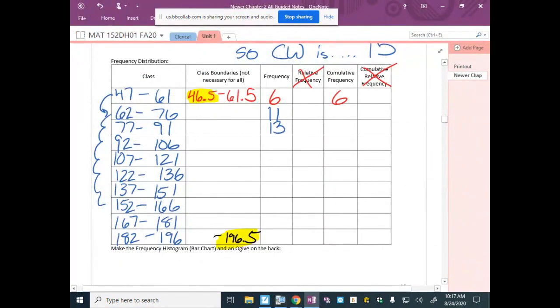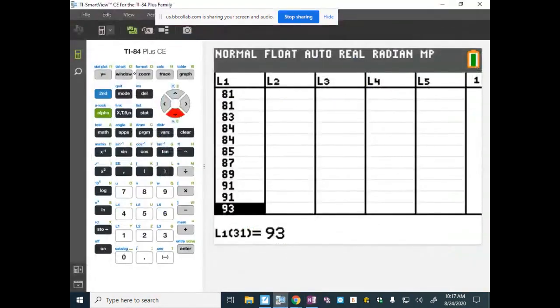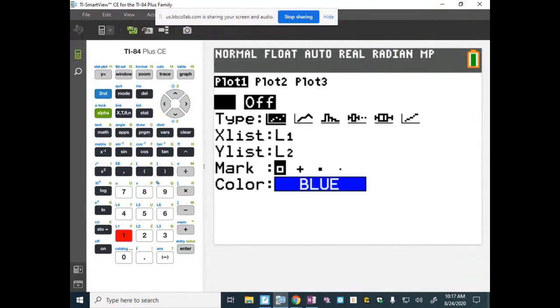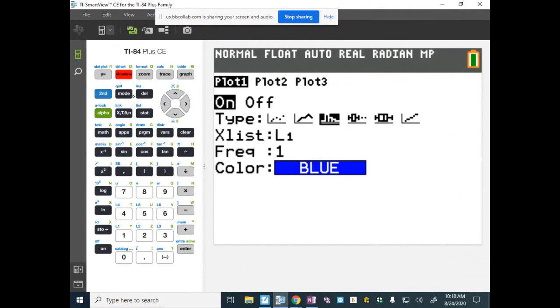Now, how many pieces of data did we actually enter? 80. So one thing I can do is turn my stat plot on, and I'll choose histogram. My X list is L1.